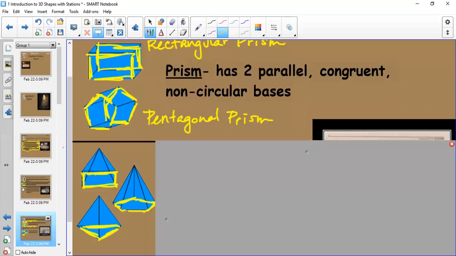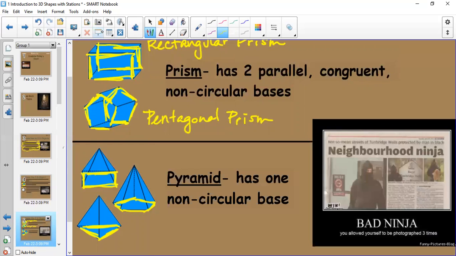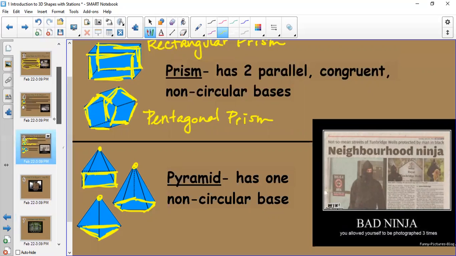All right, we say that these are not prisms, but pyramids because they all come to a point at the top. So all pyramids have 1 base that is non-circular. Again, we say non-circular because if it was a circle base that came to a point, that shape would be a cone.